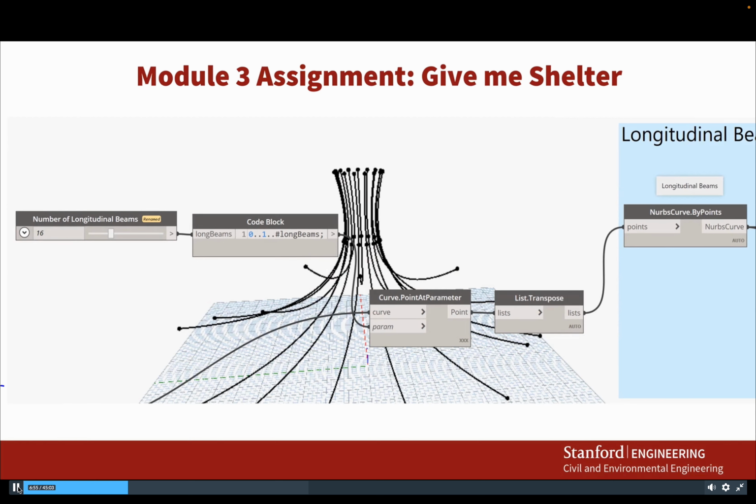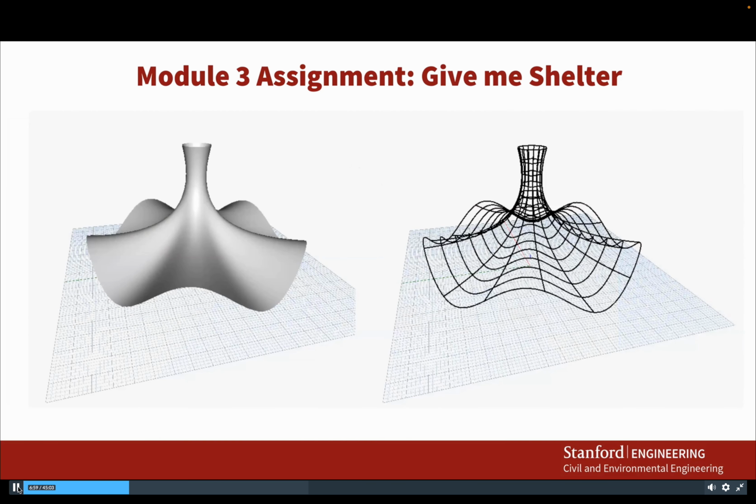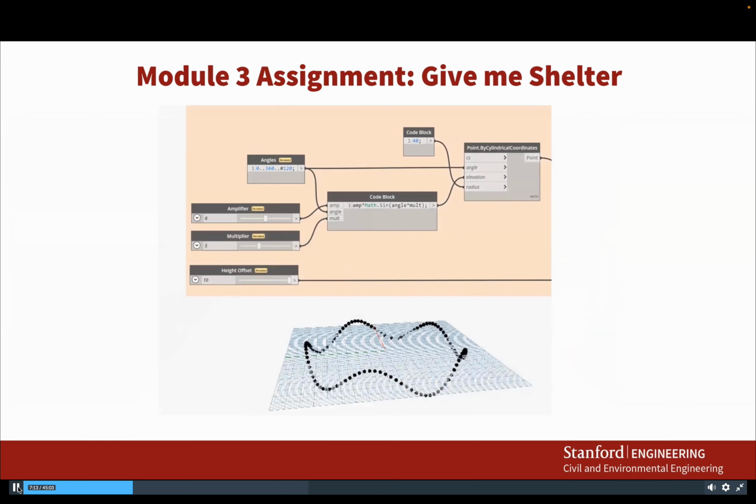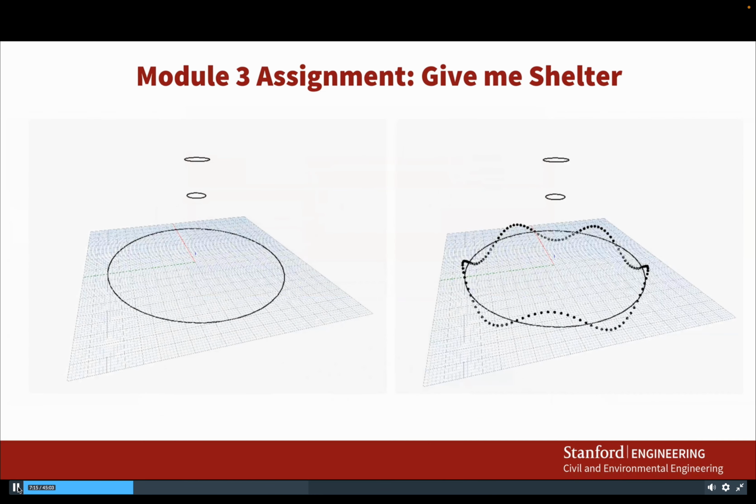That is a very common operation in Dynamo. And then I can also do a surface by loft. Surface by loft is very simple. It requires cross sections, and then it lofts the surface through them. In this case, my three cross sections were just my three circular shapes, and that's it.